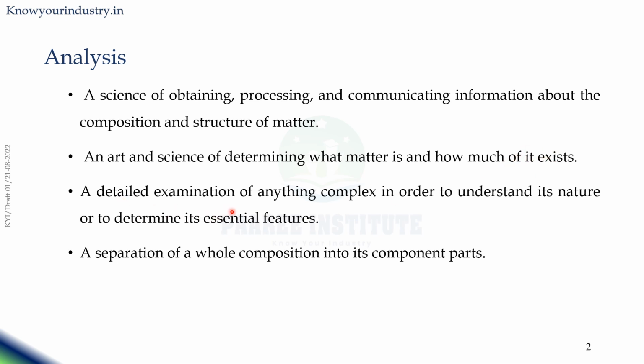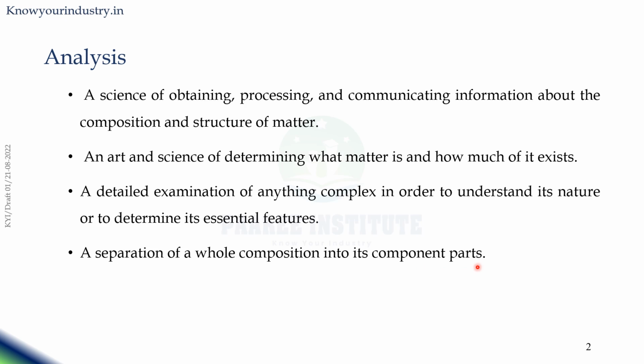Then it is a detailed examination of anything complex in order to understand its nature or to determine its essential features. That means you are characterizing a matter that is complex in nature, and we are going to understand its nature and its essential features. And on the other hand, you are going to separate a whole composition into component parts.